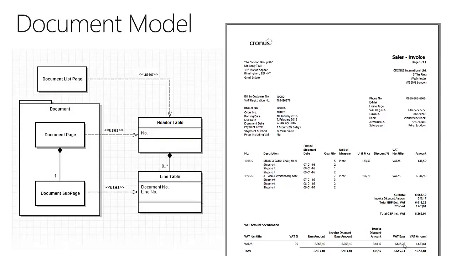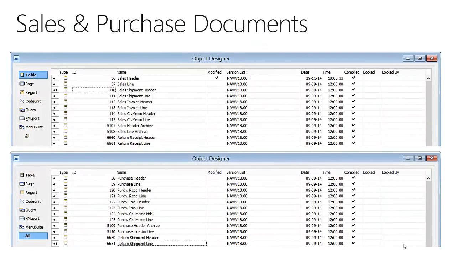Documents typically have a structure of header and lines. This is very recognizable from the paper documents, where you have address information and things like dates and bank information on the header and multiple lines with items or other master data. The most well-known structure in Dynamics NAV are the sales and purchase documents.